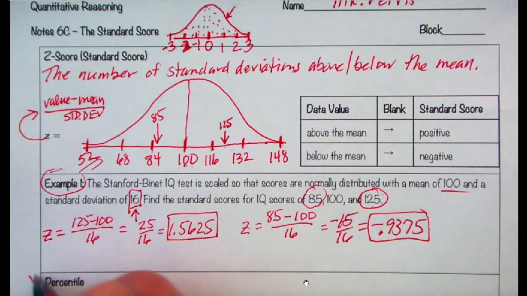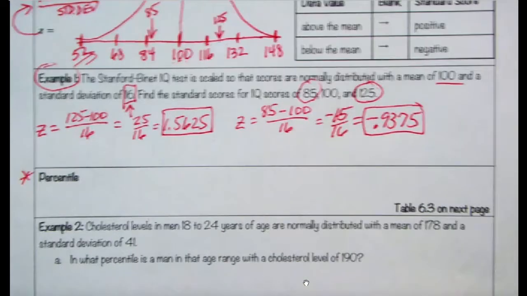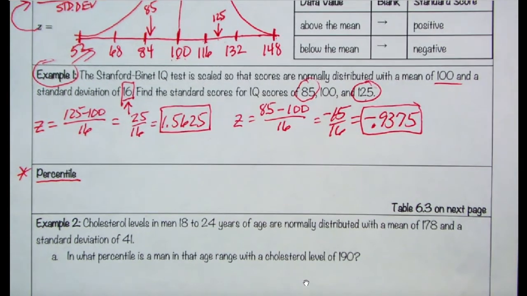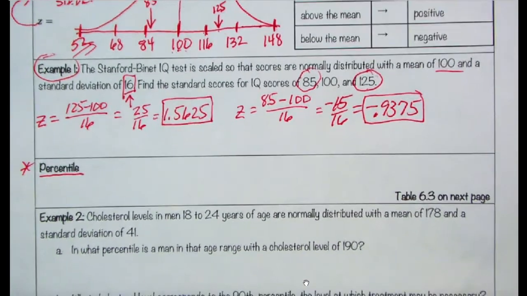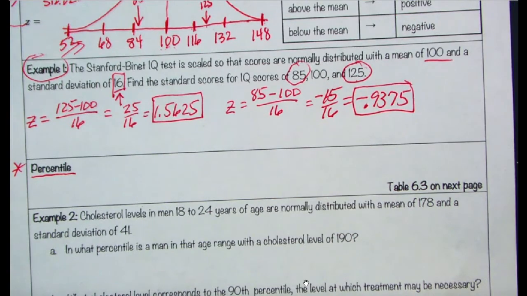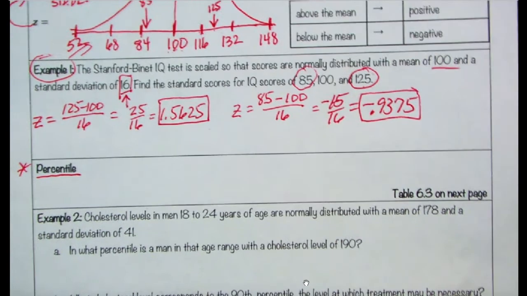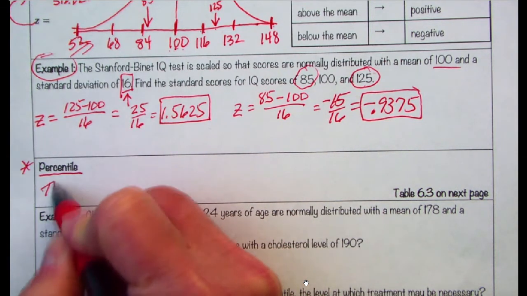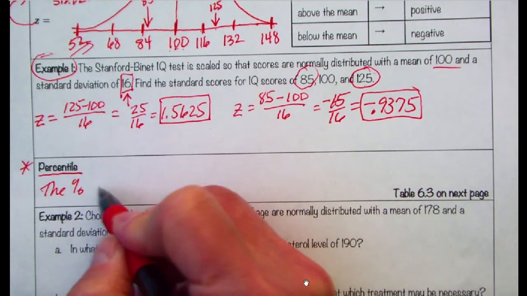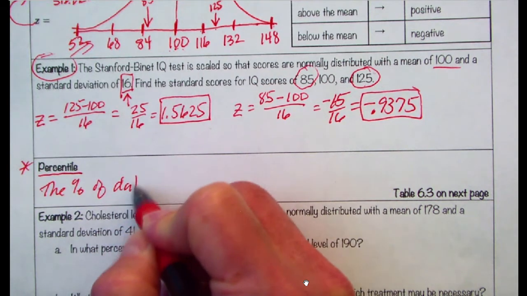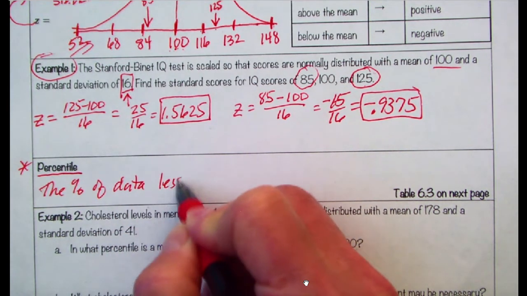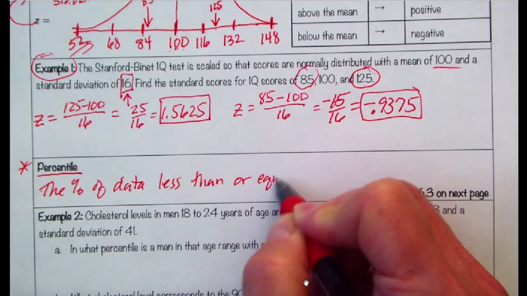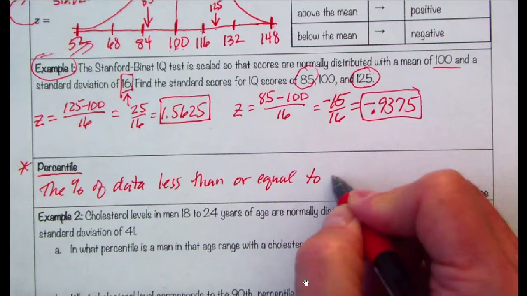Another idea that kind of goes along with this is the idea of percentile. It's very possible you've gone to the doctor and they've weighed you and measured how tall you are, and they'll tell you, oh, you're in the 80th percentile or 90th percentile, whatever that might mean. Well, maybe you picked up on that. Percentile is simply the percent of data less than or equal to a value.